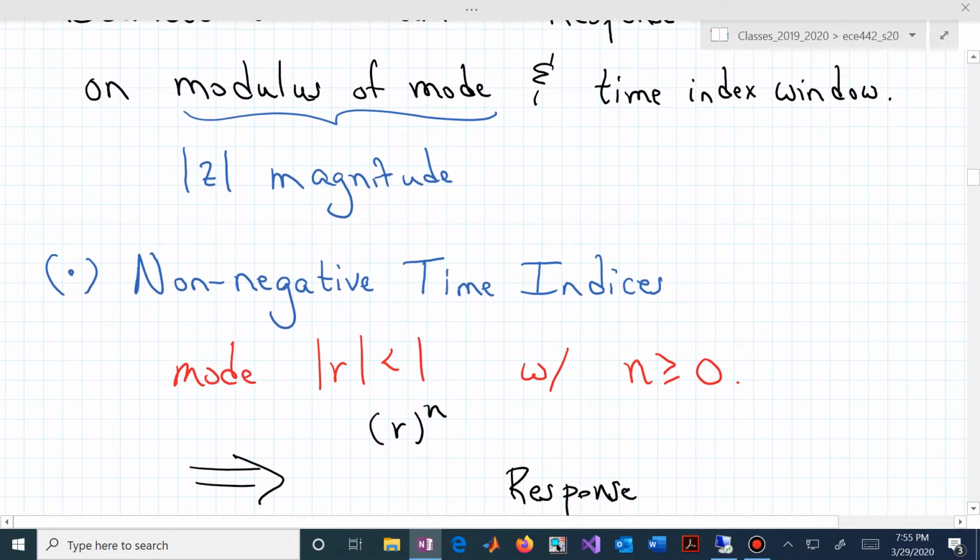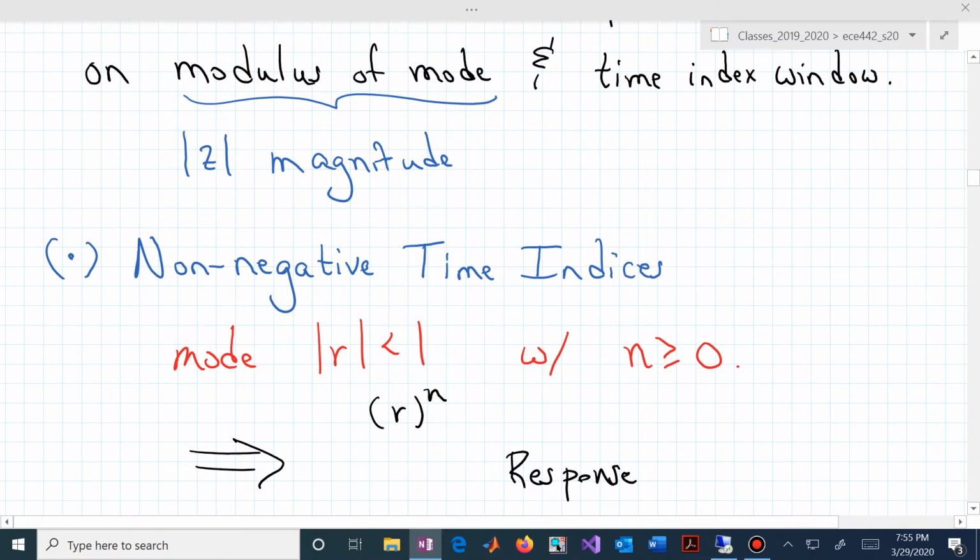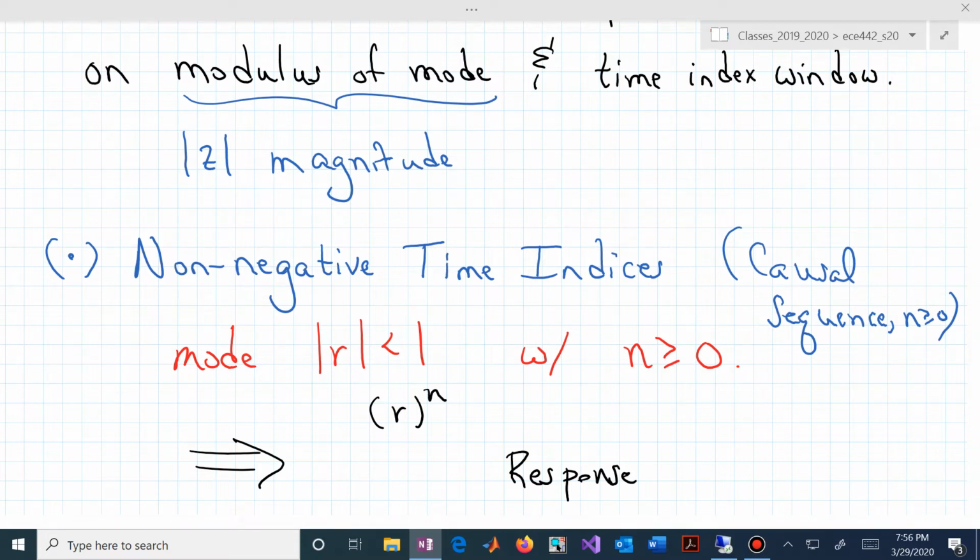Suppose now we look at the first case where we have non-negative time indices present, or this is now corresponding to a causal sequence. Or now the interval of support is non-negative values of n, or that's the time index window when x of n is defined.